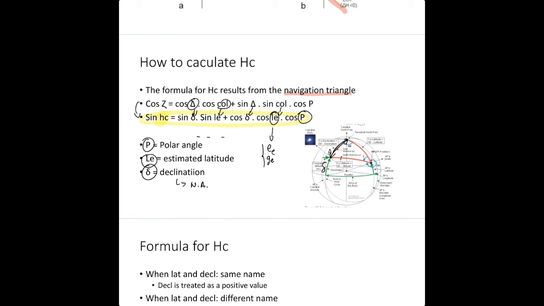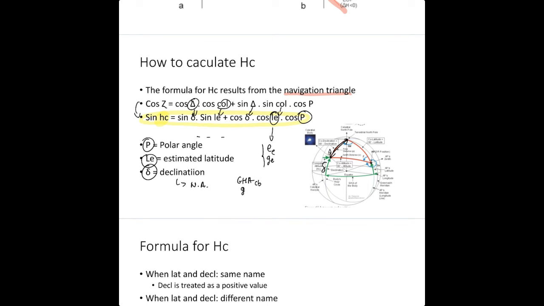And how do we find the polar angle? The polar angle, what is it? We calculate the GHA from whatever, let's say the sun or a star. We have the GHA of the celestial body. We end up with that one way or another. I explained that to you in an earlier recording.